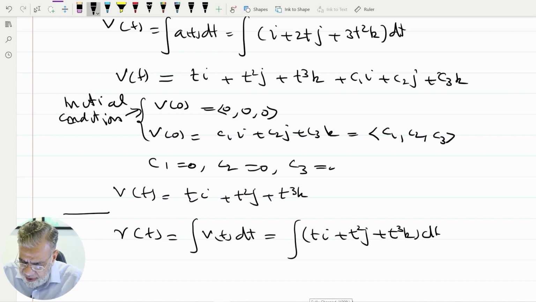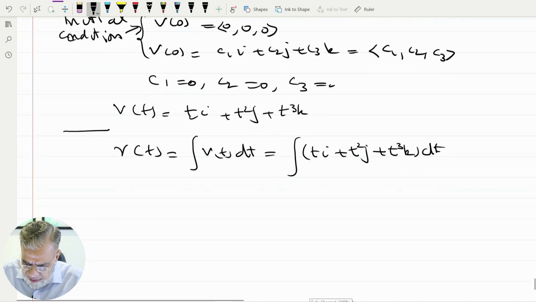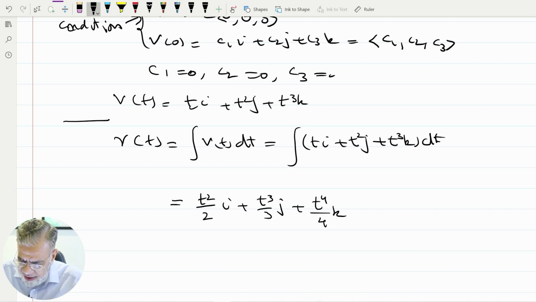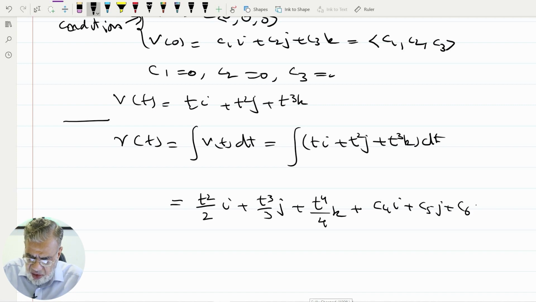I integrate this and I get t square by 2 i, t cube by 3 j, plus t to the 4 by 4 k, plus the constants of integration along the x-axis, c4 i, c5 j and c6 k.